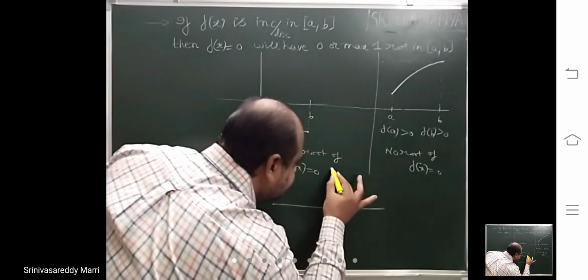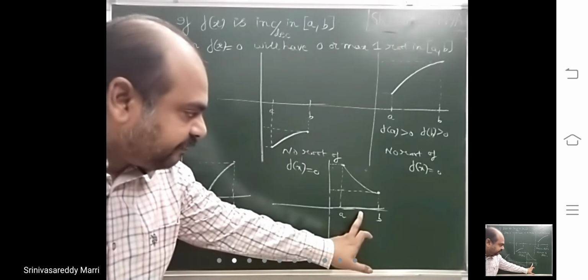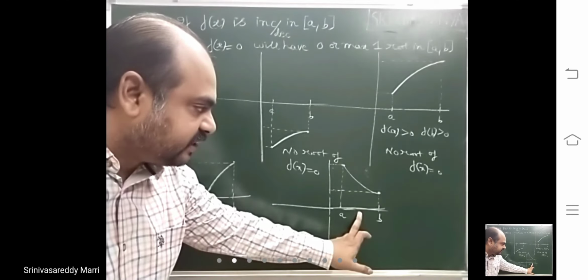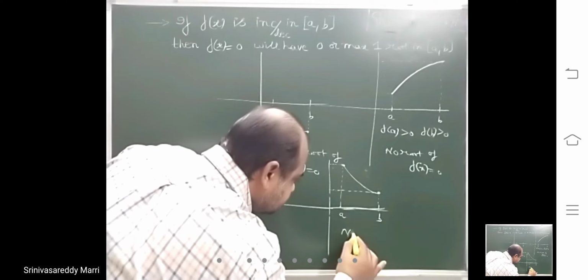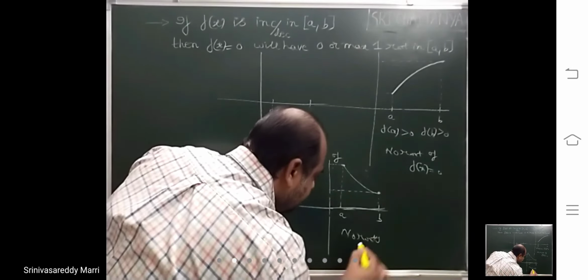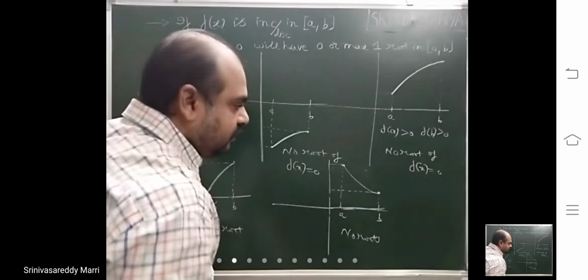F of a is here graph and f of b is here. Right here. So decreasing function means it will be like this. Look at f of a positive, f of b positive here. That means what? From here to here, draw from above to below. Decreasing means. So number of times it is cutting x-axis is what? 0. Therefore no roots. No roots.